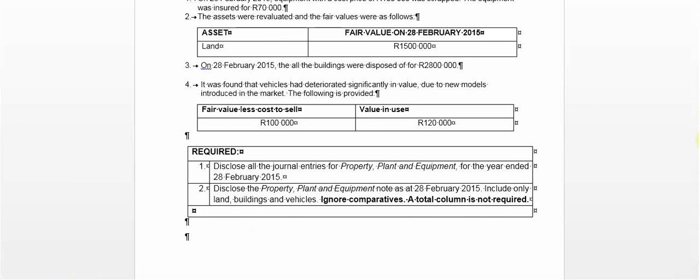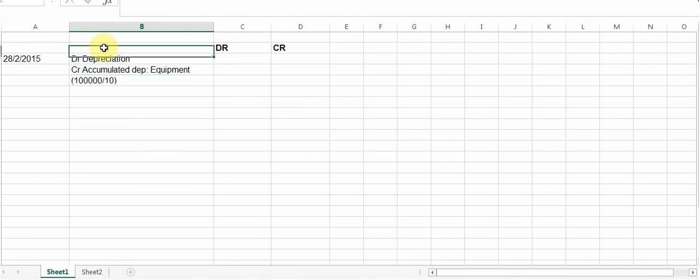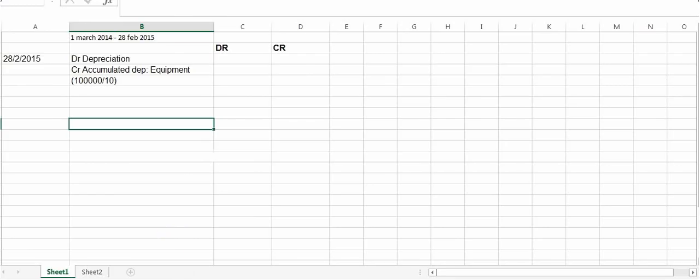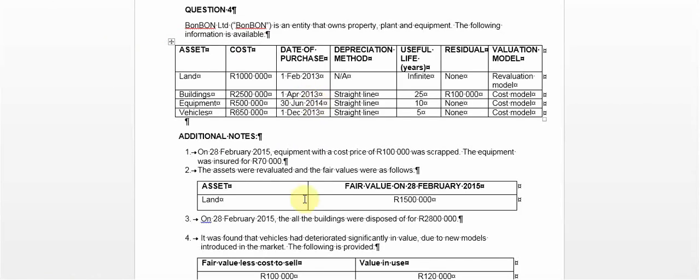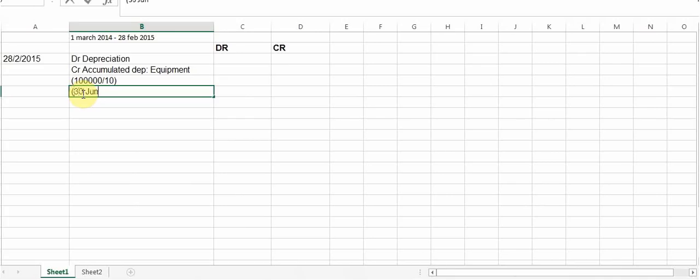If I look at this question, we only got the equipment on 30 June 2014. That means that we've not had it for a full year. Because the current year that we are busy with is 1 March 2014 up till 28 February 2015. So if we got this asset on 30 June 2014, we got it somewhere here in the middle. So I have to go and count then 30 June until 28 February of the next year, and that gives me a total of 8 months.